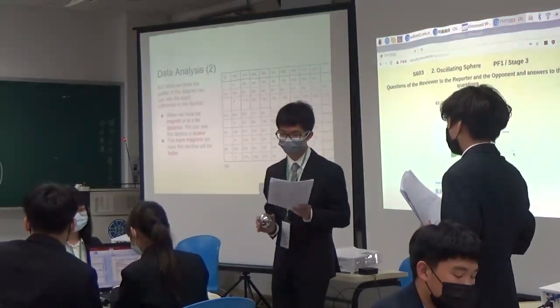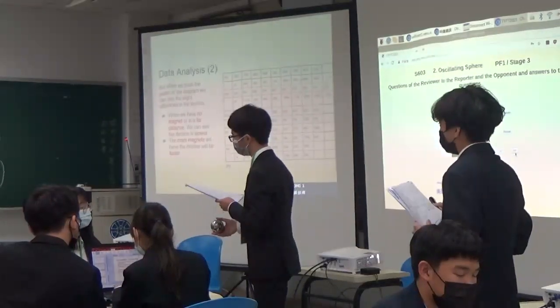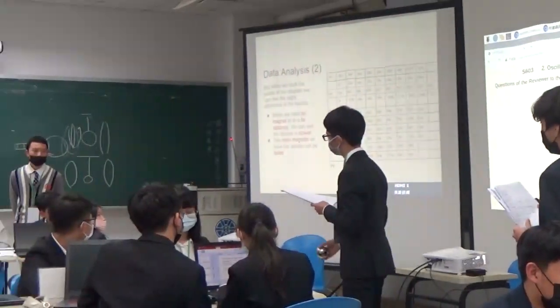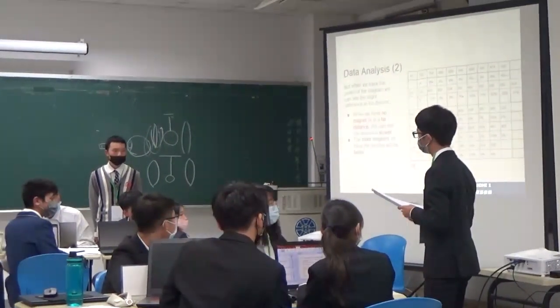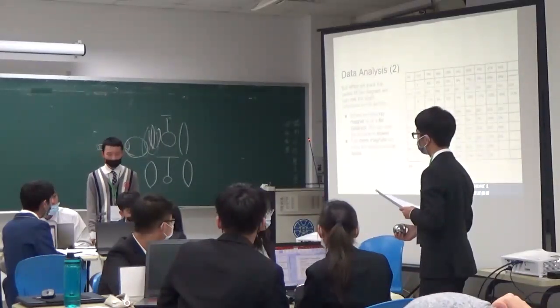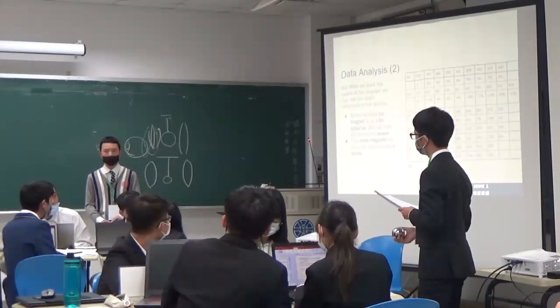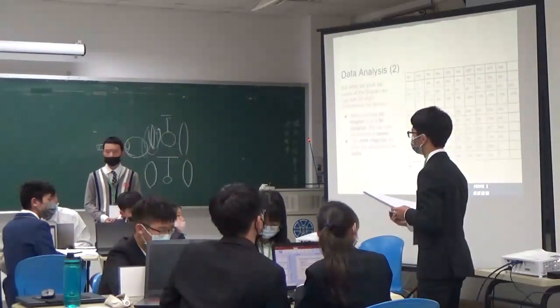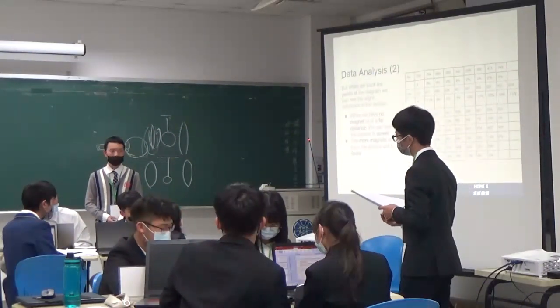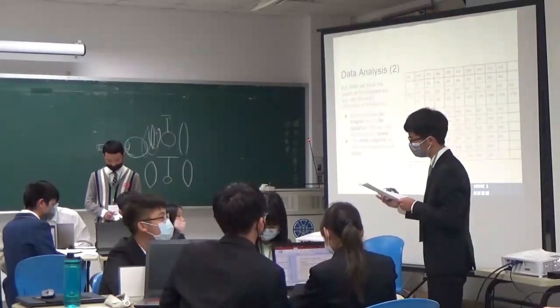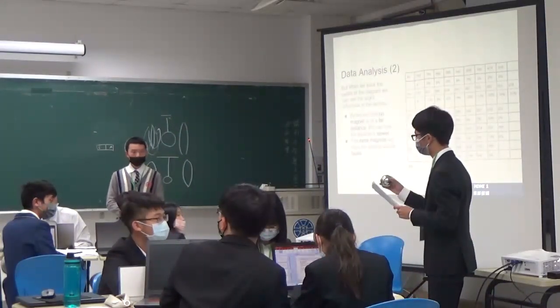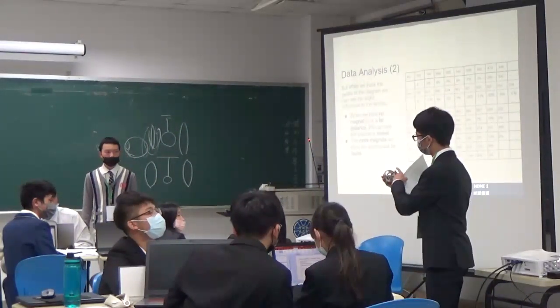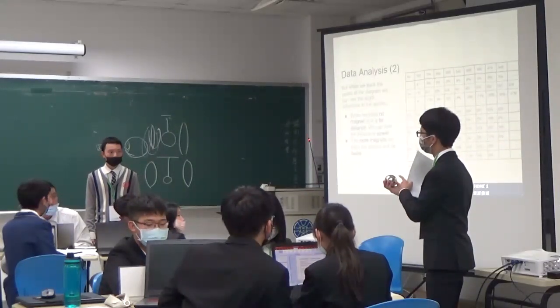Okay, thank you. For the reporter, if the magnetic field is parallel to the rotational axis, will it still affect the motion? I think it will still cause a little amount of damping motion. So the magnetic field will still affect the motion. Yes. Okay. And do you think that the eddy current will only be on the surface of the sphere, or also the inner part of the sphere?